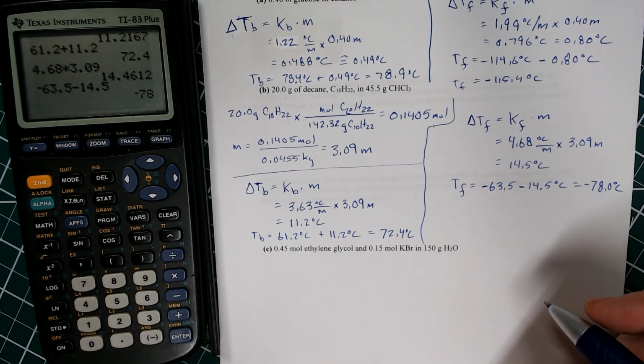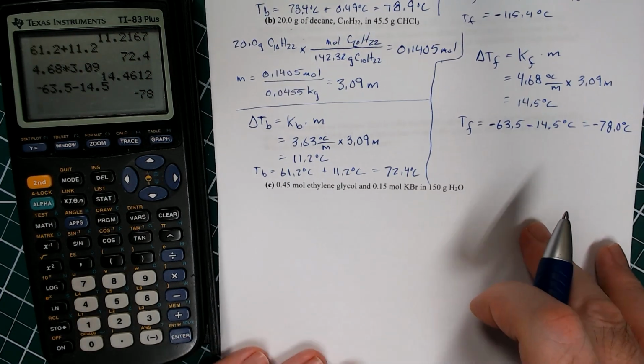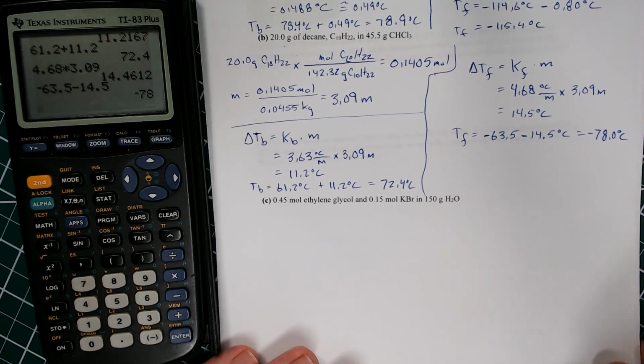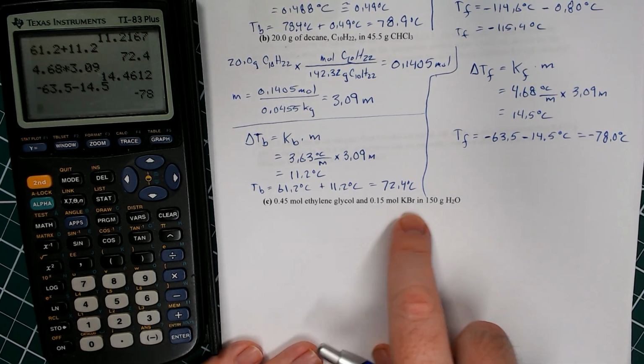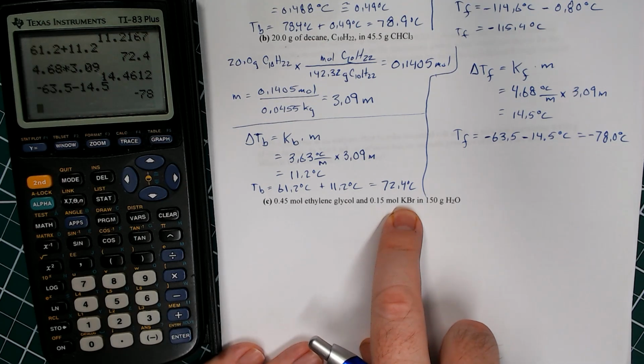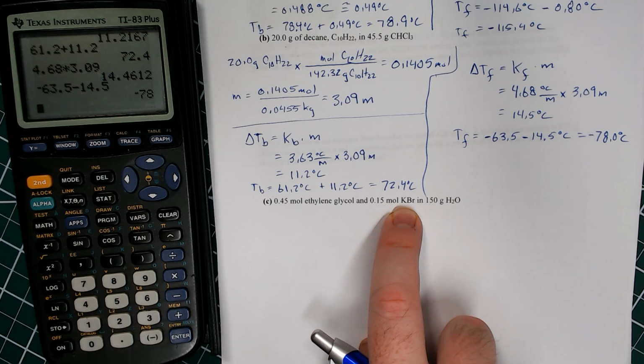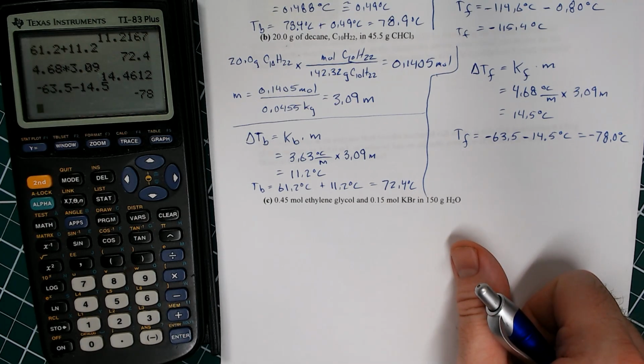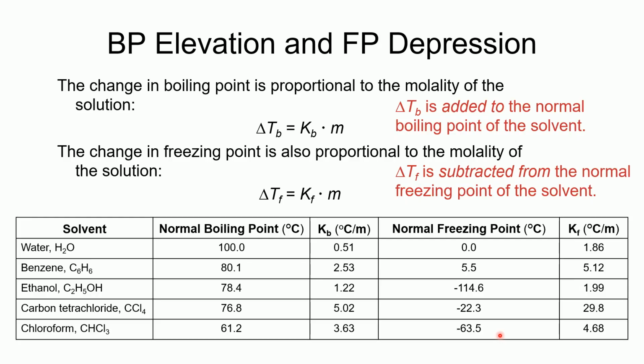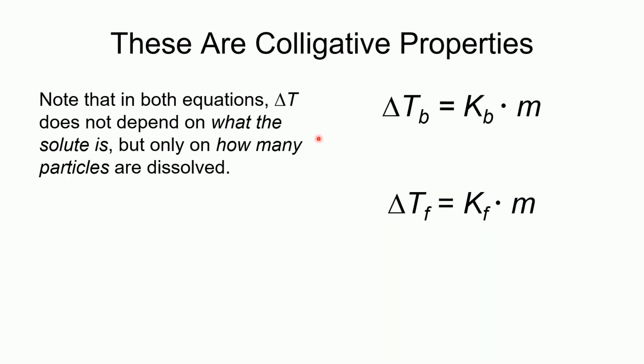All right. Well, on this next one, something interesting is happening because we have an electrolyte. The potassium bromide is an ionic compound. And so we have to treat it a little bit differently than we would normally treat a non-ionic compound. So let's go back to the presentation and look at these properties.